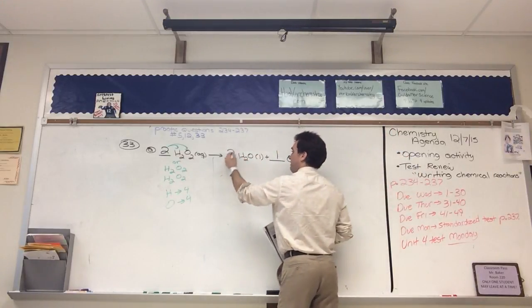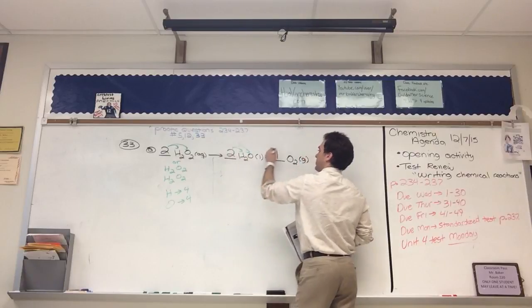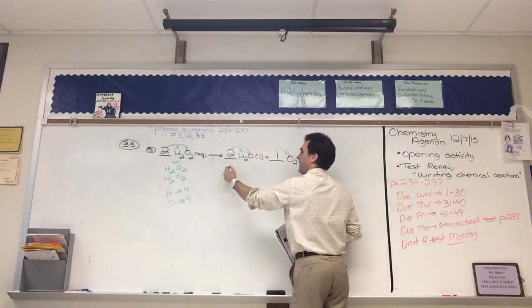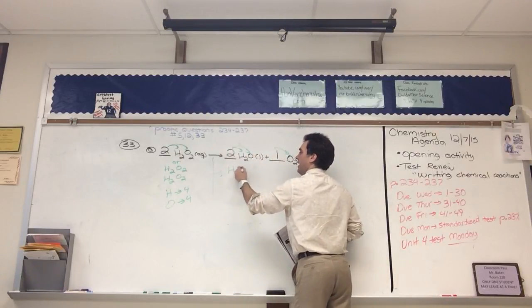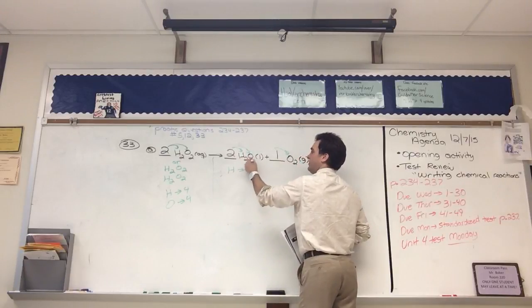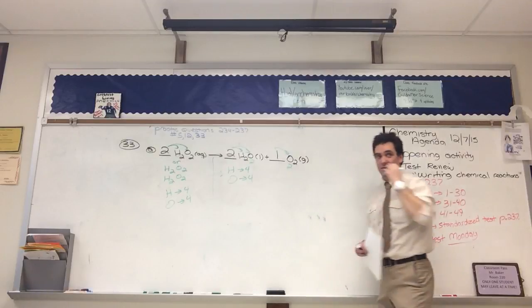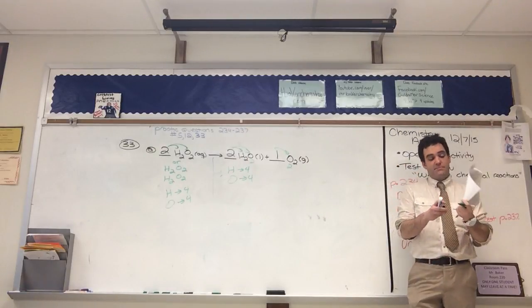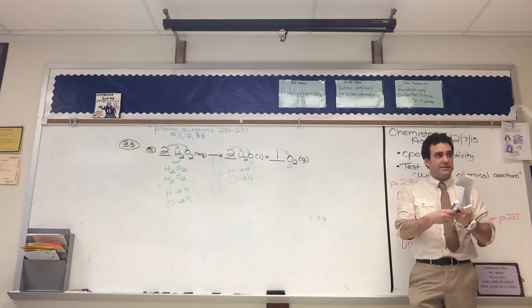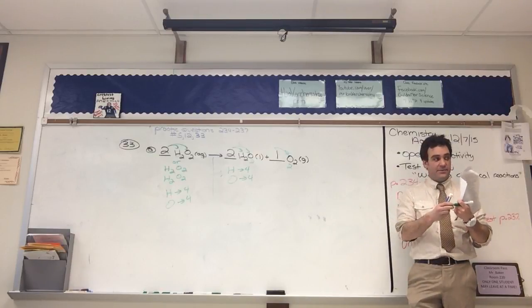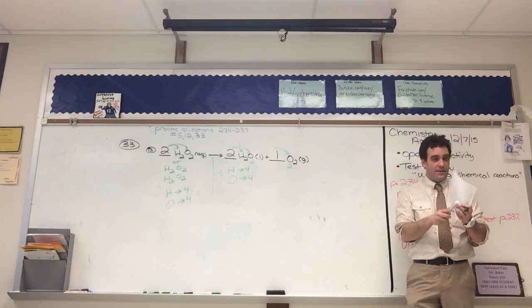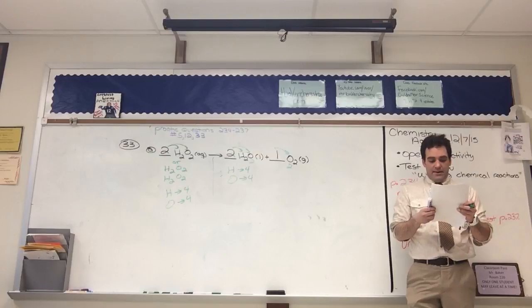On this side, remember that 1 distributes. Hydrogens, we have 4. Oxygens, we got 2 here, we got 2 here. Alright? So do you see that balances? So that's a good first step if you're behind on the balancing. Yep? A little bit. Alright.